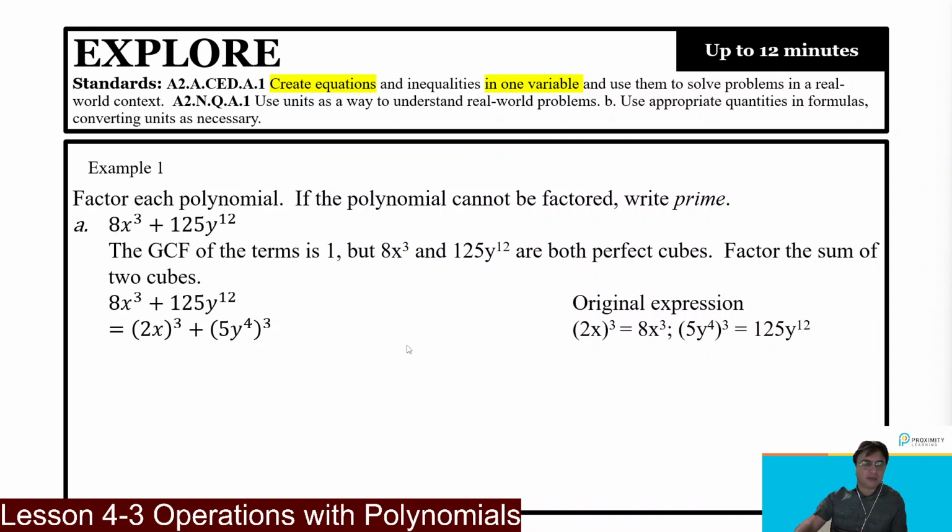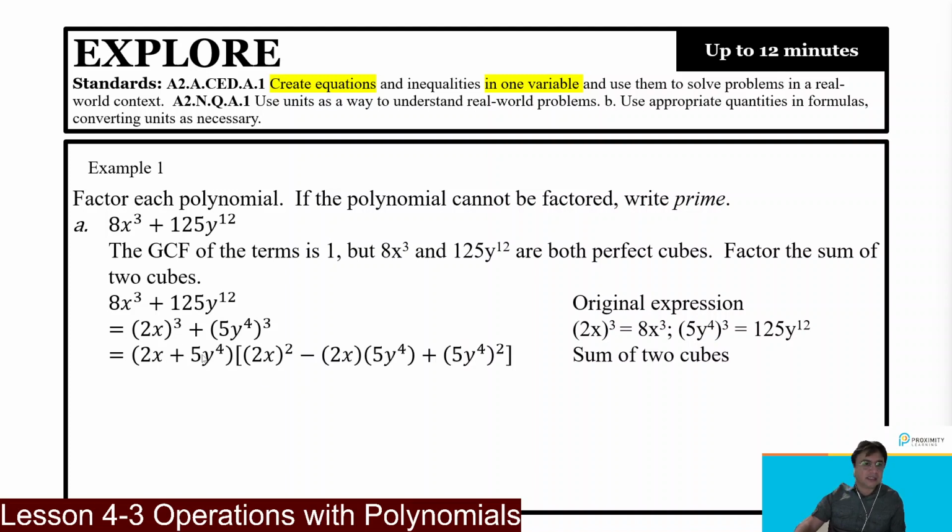We know from before, let's look at it in our notes, that the sum of two cubes results in the sum of the terms of the binomial that are being cubed, that are being added.